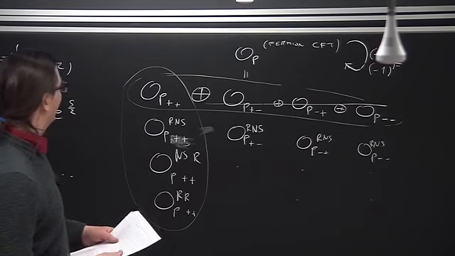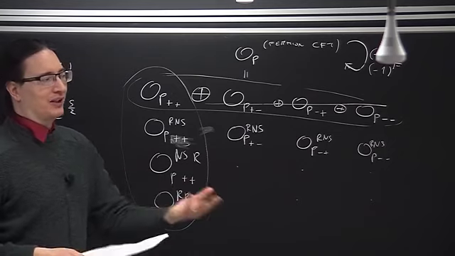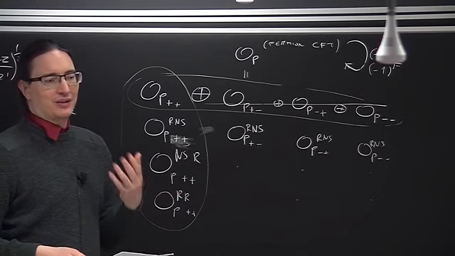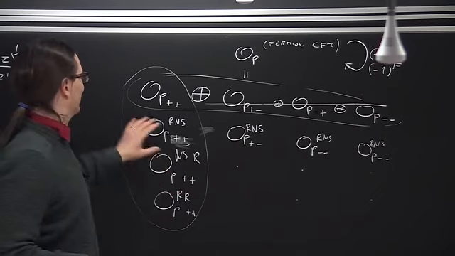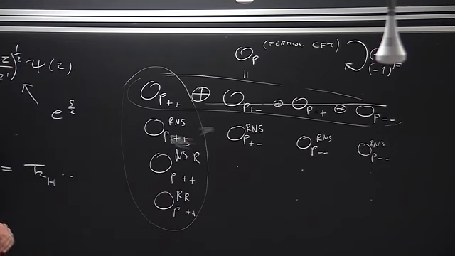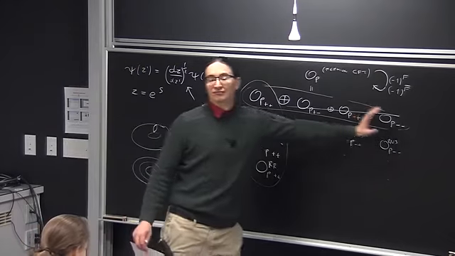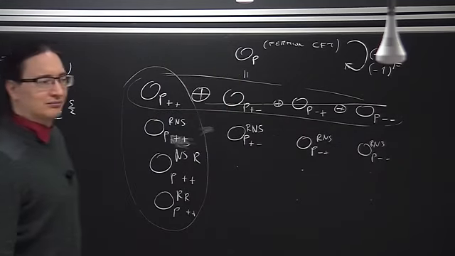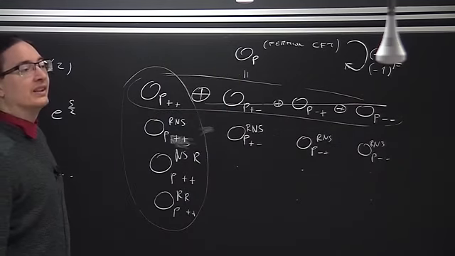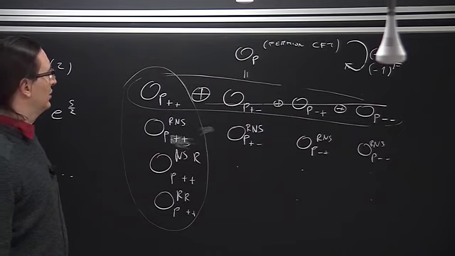But the possible freedom can just be reabsorbed into the redefinition of what I mean by (-1)^F and (-1)^F bar acting on these other sectors. So I will ignore that. So we're looking for this theory, starting from this theory. Okay?